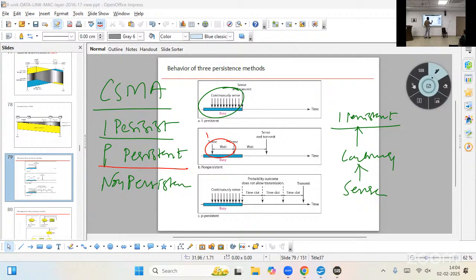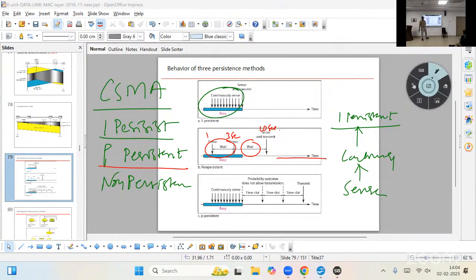After 2 or 3 seconds, again you need to sense the channel. If the channel is free, you need to transmit the data. If that time it is also busy, and after 10 seconds it is free, then we transmit the data.